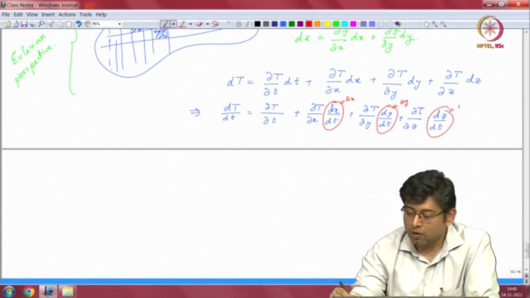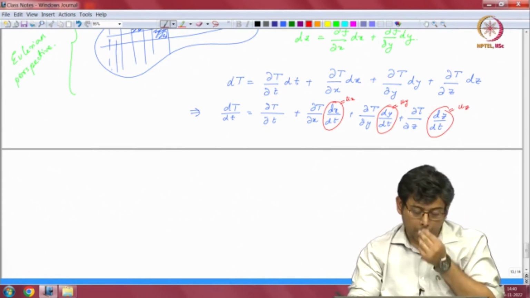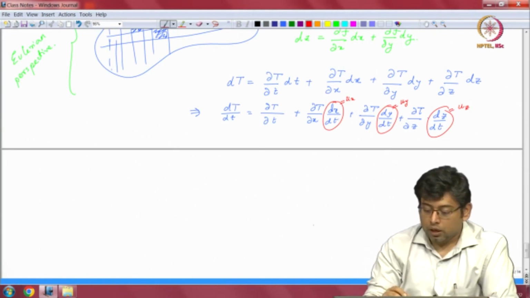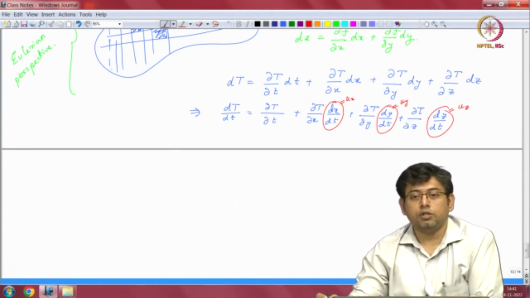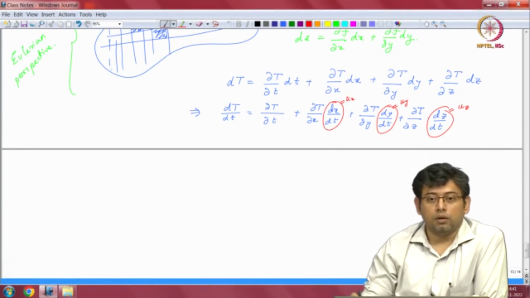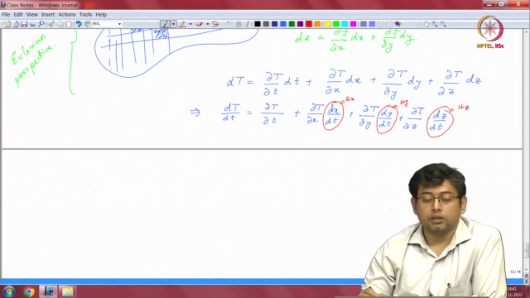So these are now velocities. Okay. So this applies not just to temperature, it applies to any other scalar or even vector that you are measuring in the same manner.